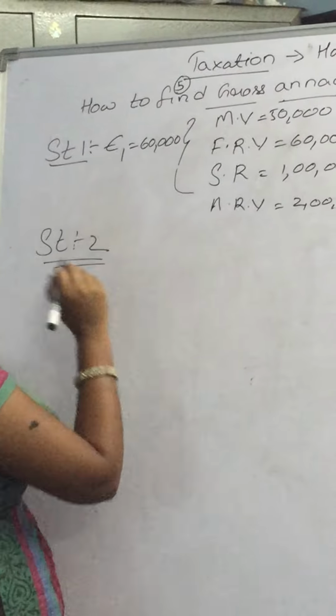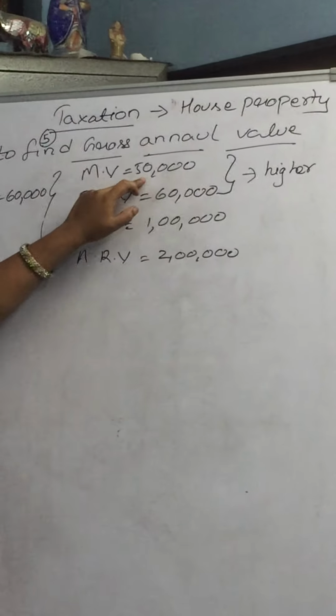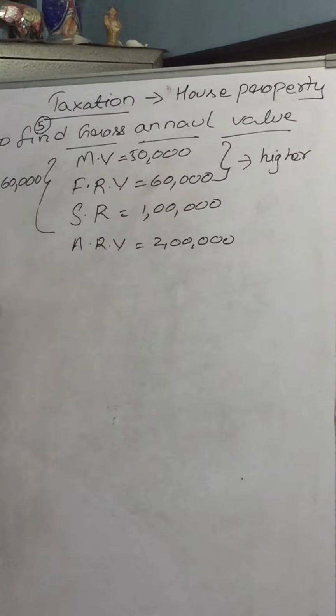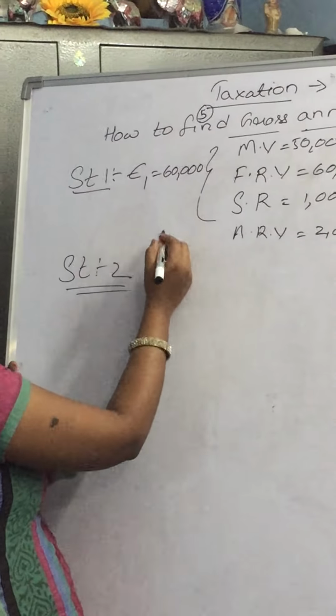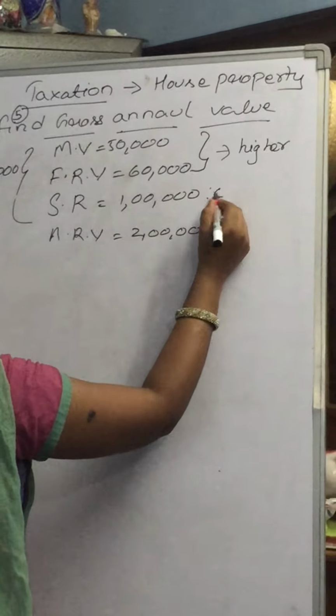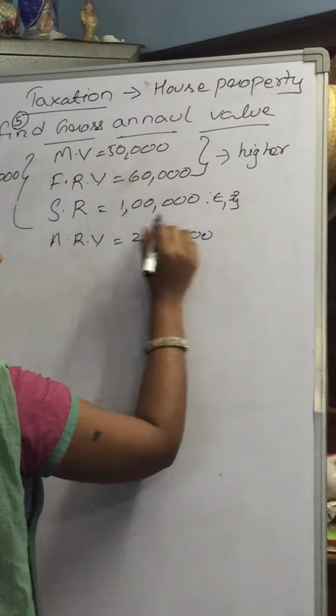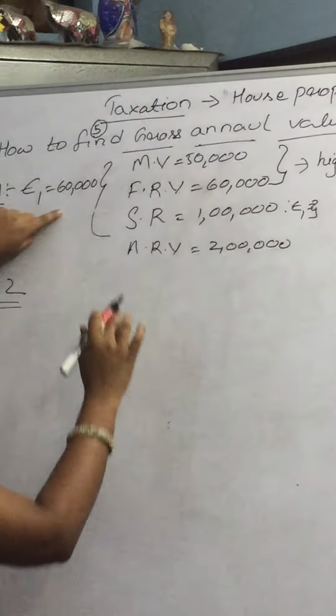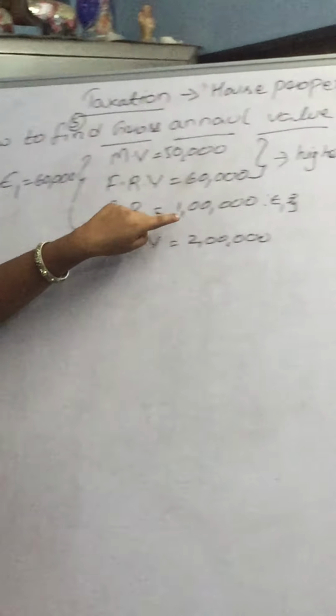Step 2 is we compare E1 and standard rent, whichever is lesser. E1 we got 60,000 and standard rent is 1 lakh.